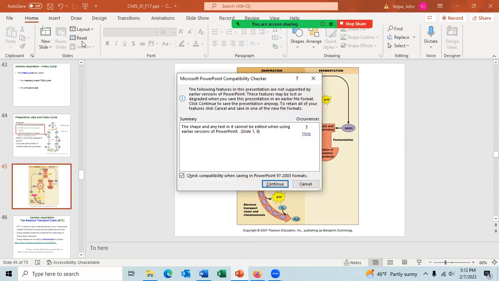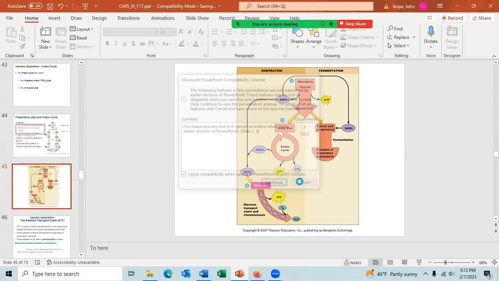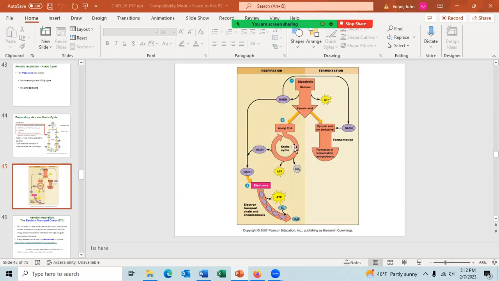All right, so we were talking about aerobic respiration, and this slide is showing you a summary of aerobic respiration, starting with glycolysis, shown here, which is followed by the preparatory step and the Krebs cycle, shown here, and NADH and FADH2 from the Krebs cycle carry the electrons from glucose to the electron transport chain, and this is where the production of ATP happens at a high frequency.